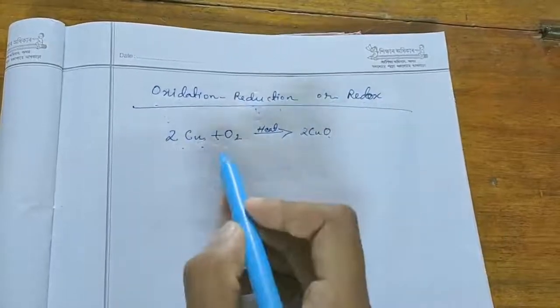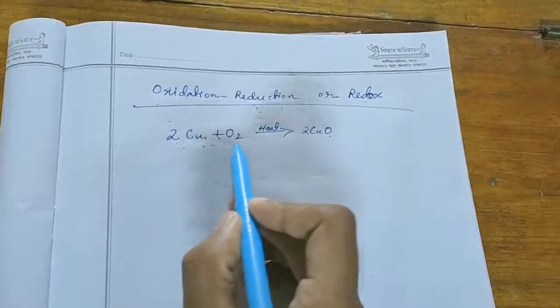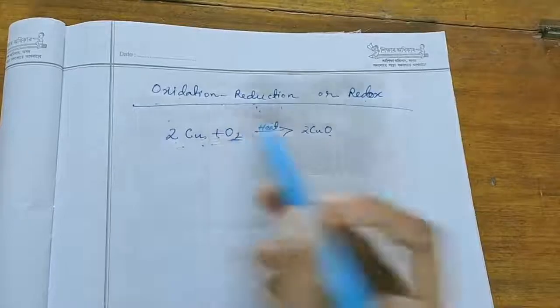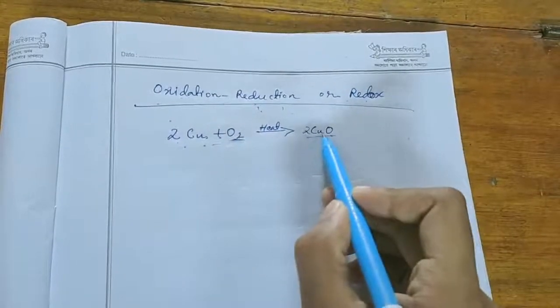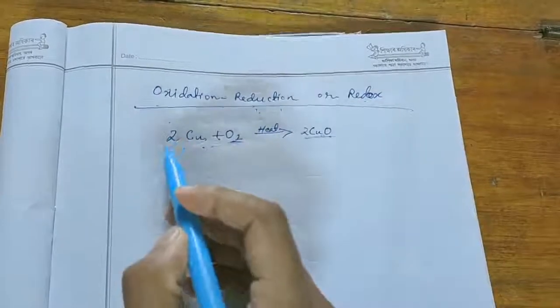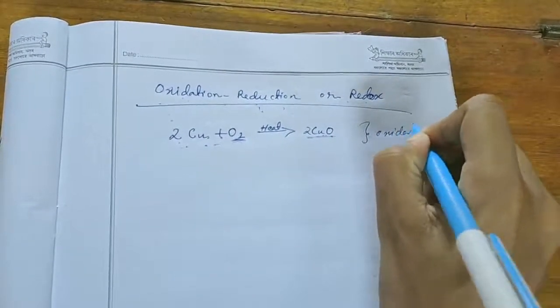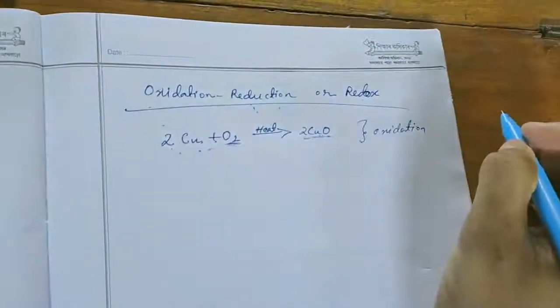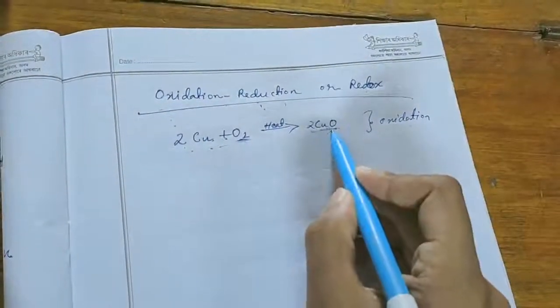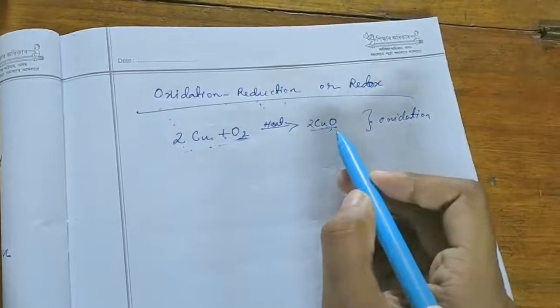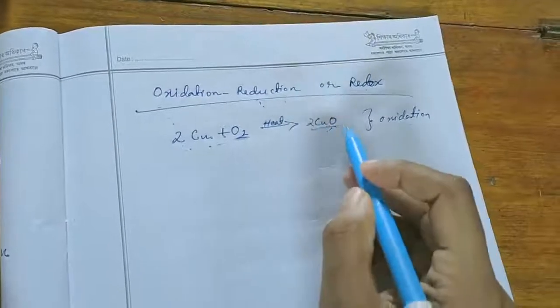Here in this reaction, oxygen is added in the product. So this is an oxidation reaction, because here oxygen is added and copper oxide is formed.